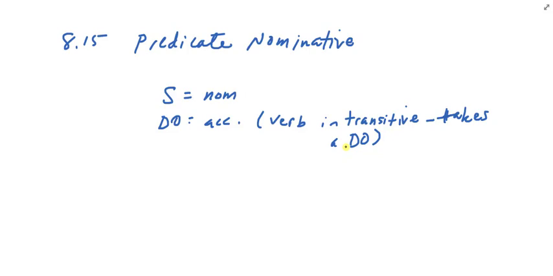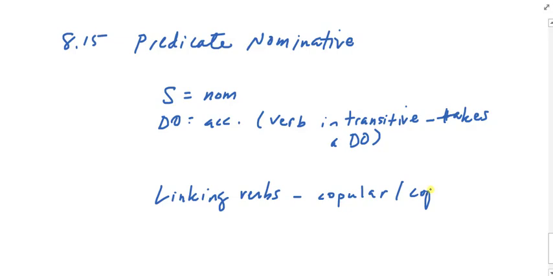But there are other verbs that are not transitive. We call those linking verbs. And these are verbs that are also described or can be described as copular or copulas. Okay? And the verb to be in English is just such a verb.